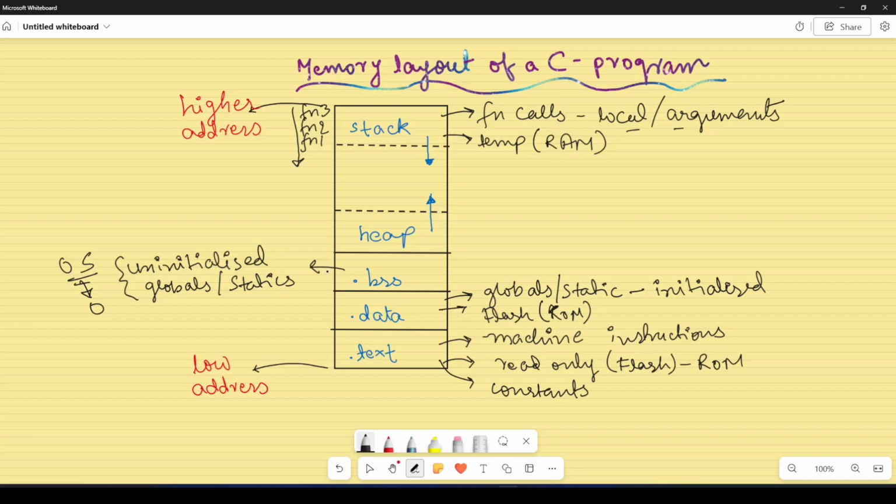Yeah, so also I can say these two contribute to what is called the static part of the memory, and these two, stack and heap, are called the dynamic part of the memory, since they can change size.